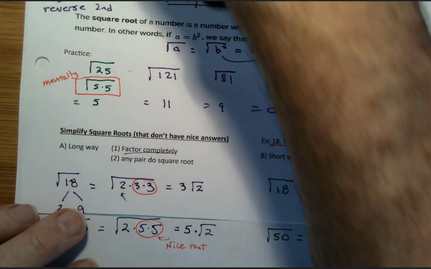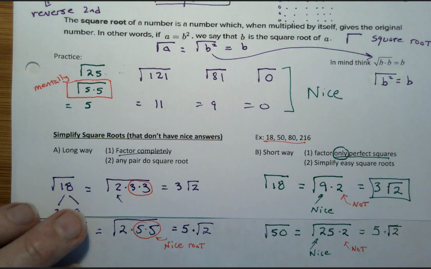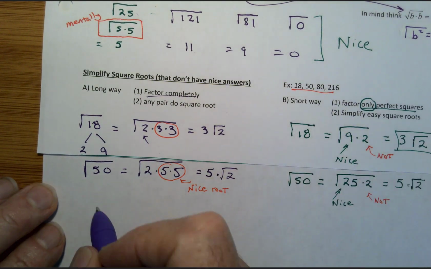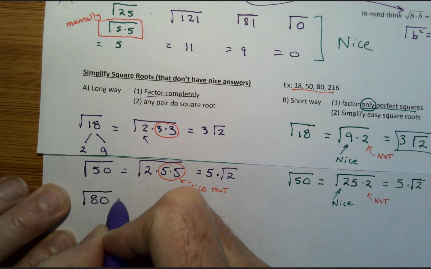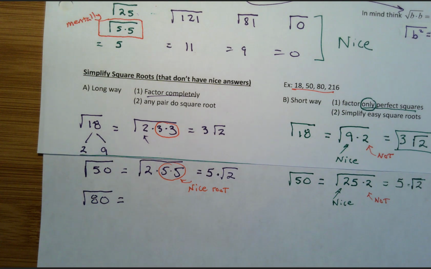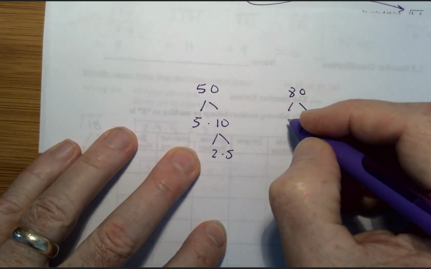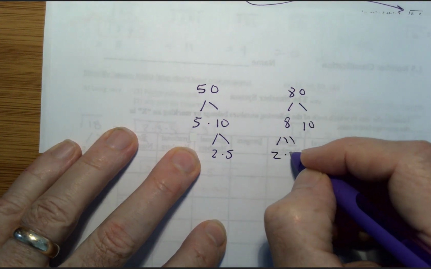Okay, let's try another here. Can make some room. And try it again, this time with 80. All right, so you'll need some scratch paper. I was going to save time and not do it, but I can do this one pretty fast. 8 is 2 times 2 times 2.